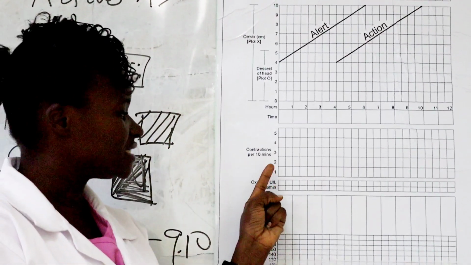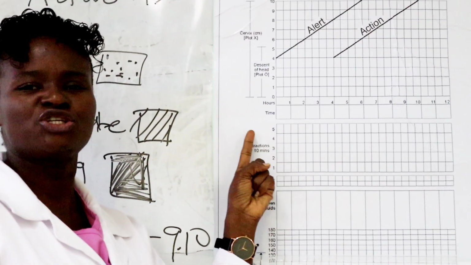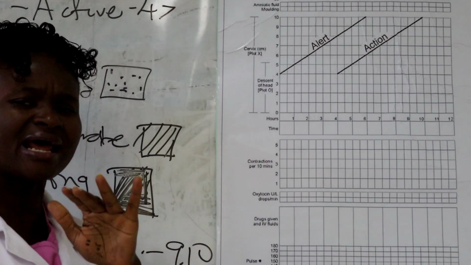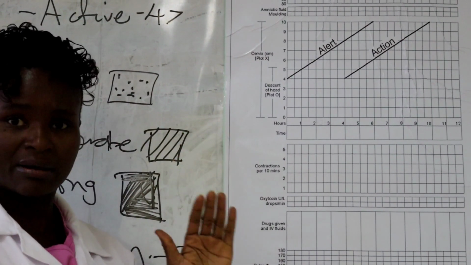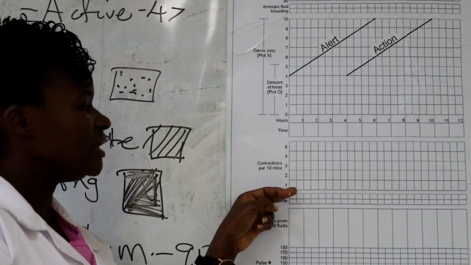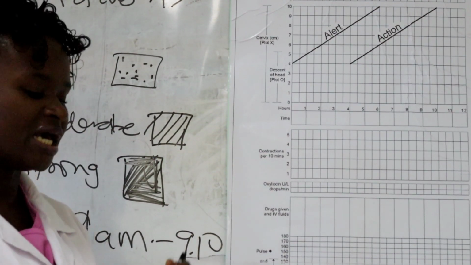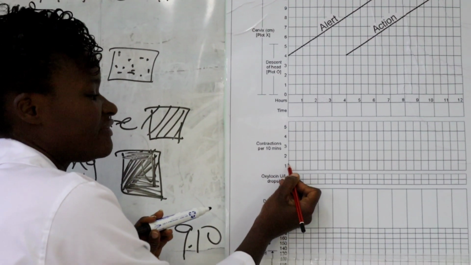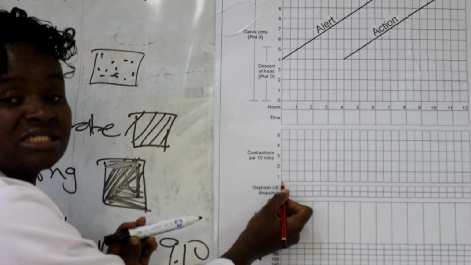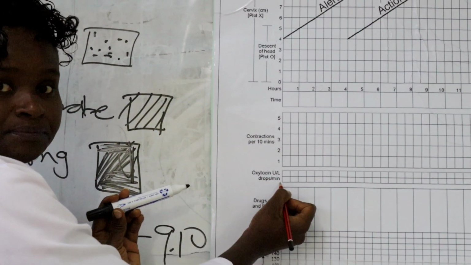Therefore, it is good for us to note that this is actually the maximum. We actually rarely get to 4 even and above. So, how many contractions are we going to have? When we get the first contraction within the 10 minutes, we are going to chart it inside the first box, assuming our time is starting from this line.